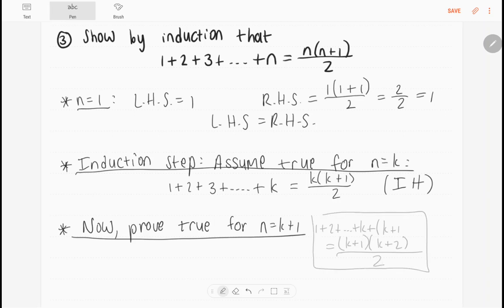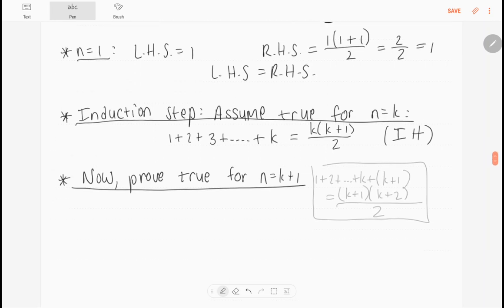So what I'm going to do is I'm going to start with my left-hand side, and I want to get to the right-hand side. So my left-hand side is 1 plus 2 plus 3 all the way up to plus k plus (k + 1).